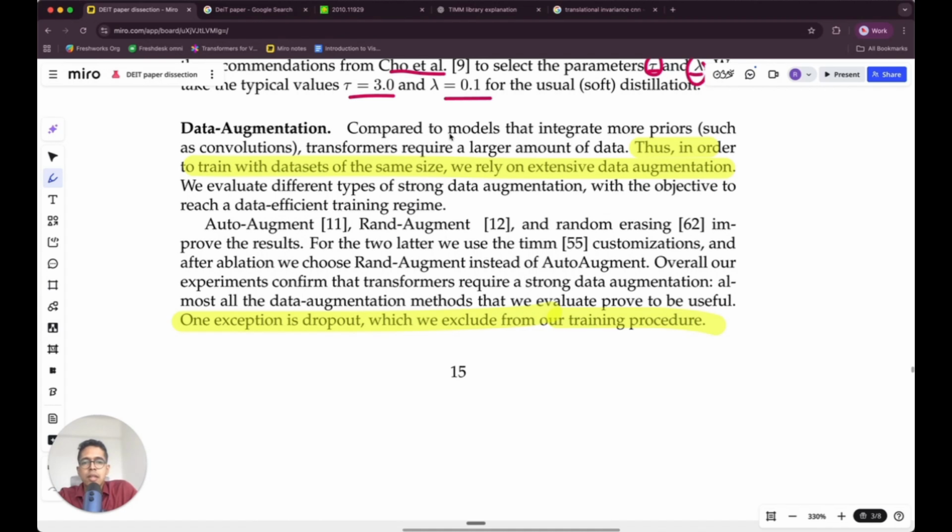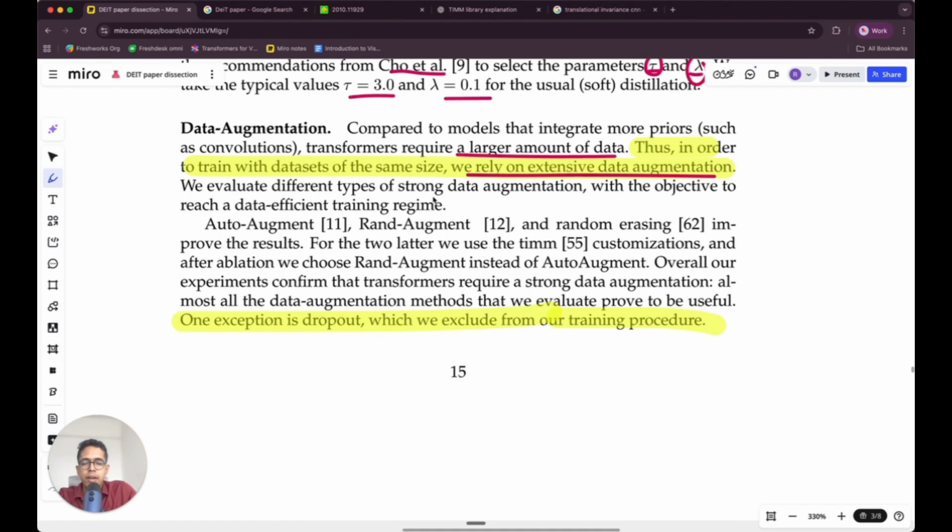Data augmentation. Compared to models that integrate more priors such as convolution, transformers require a large amount of data. We know that. Thus, in order to train with datasets of the same size, we rely on extensive data augmentation. Augmentation means random cropping, random flipping, maybe introducing graininess, adding blur. Basically, augmentation techniques which produce new data points from the existing data points.